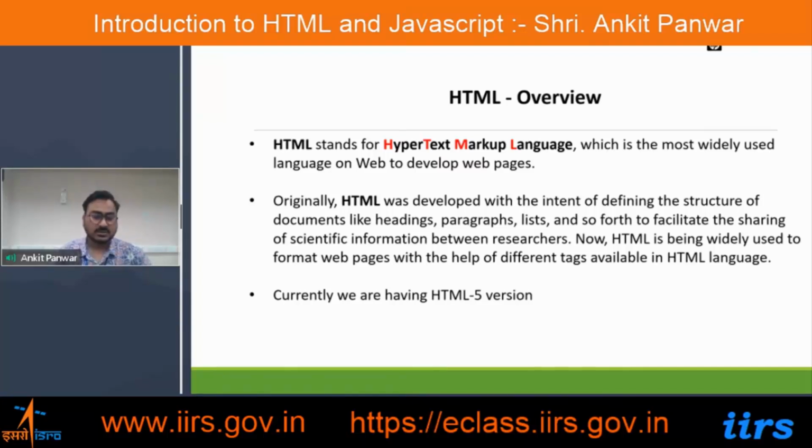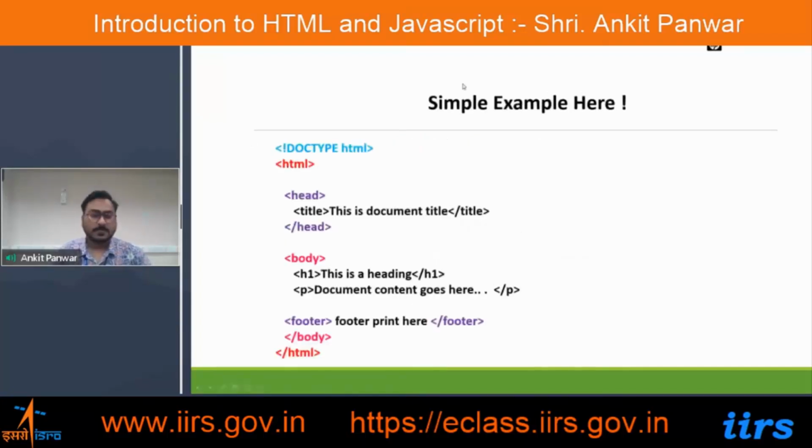This is just a simple example of a web page. We will implement this in our text editor and run and display it in the browser. Let's discuss what the HTML is here and what tags we are using. The first tag is the doctype, that is HTML, which defines the type of this document. Second is the HTML tag. All the tags will be placed inside the HTML tag.